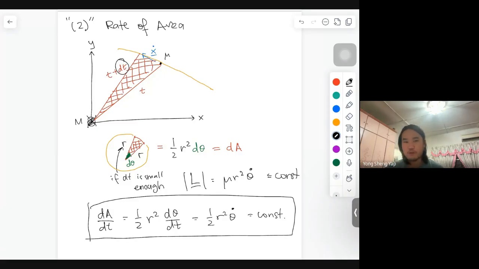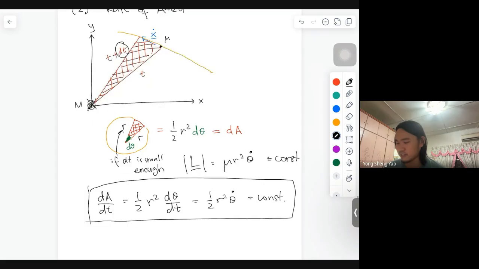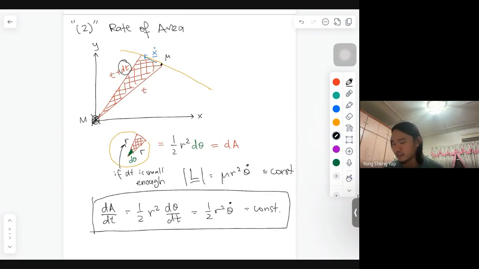And because the force in this system always points towards the center of mass, the angular momentum is always constant, and because of that, the rate of area swept out by the reduced mass is always constant.